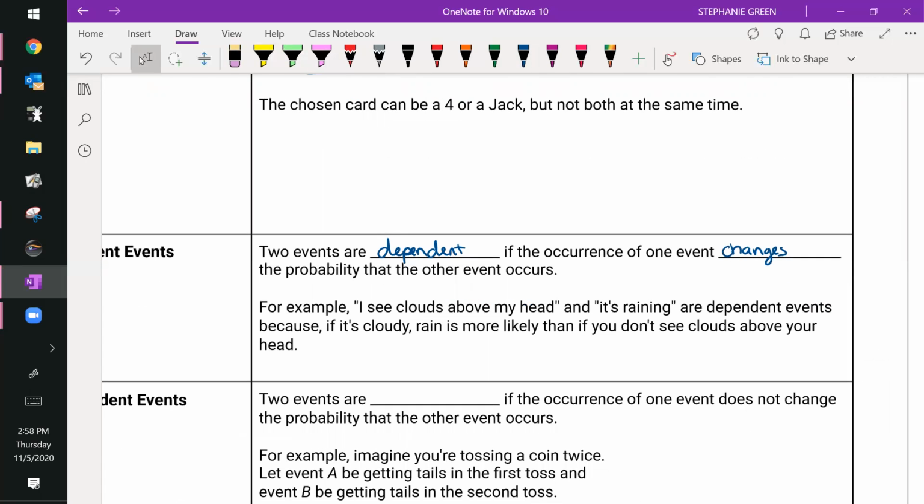These are dependent events because if it's cloudy, rain is more likely than if you don't see clouds above your head. Another example would be like if I'm at school, it's more likely to be a Wednesday than if I was not at school. Because if I am at school, that means it's definitely not a weekend. So there's only 5 possible days instead of 7.